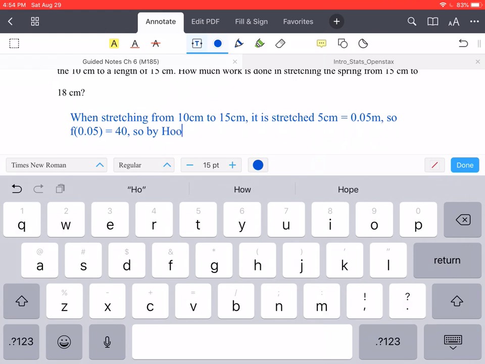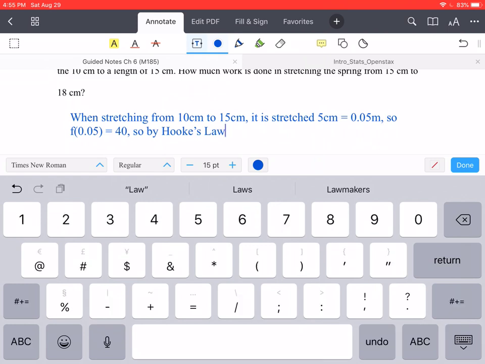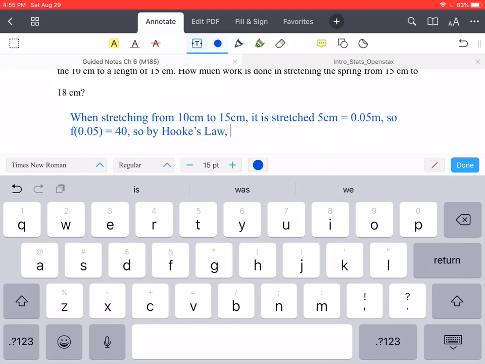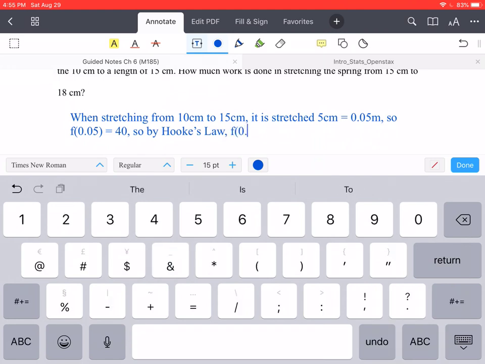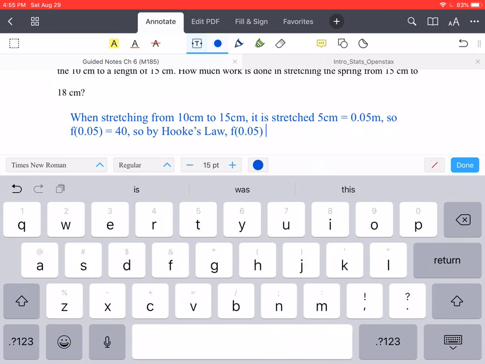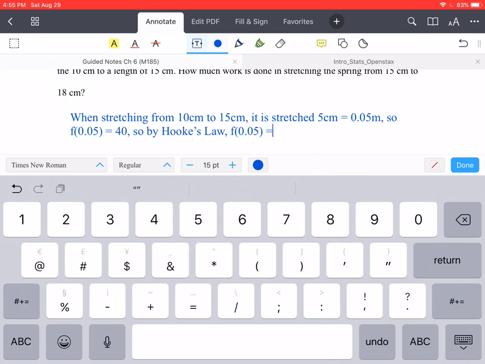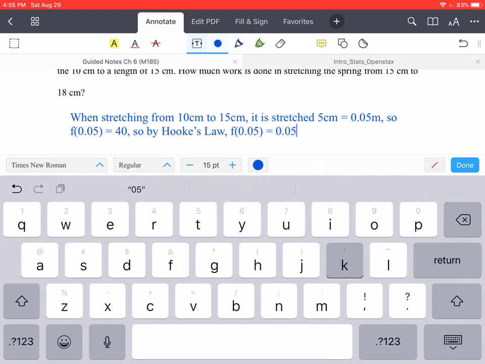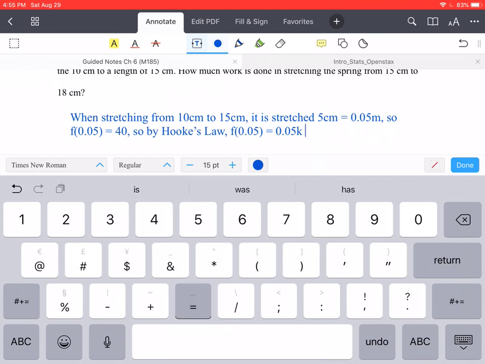By Hooke's law, we know that force is directly proportional, so we can say F of 0.05 is 0.05 times k, and we know that's 40.